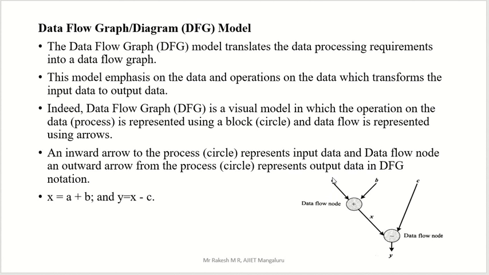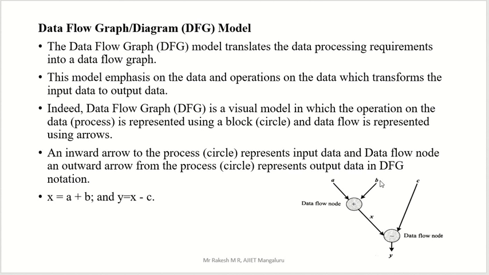The variables we have are A, B, C. The operation is represented using a block, that is a circle, which is the operation to be performed, and data flow is represented using arrows.